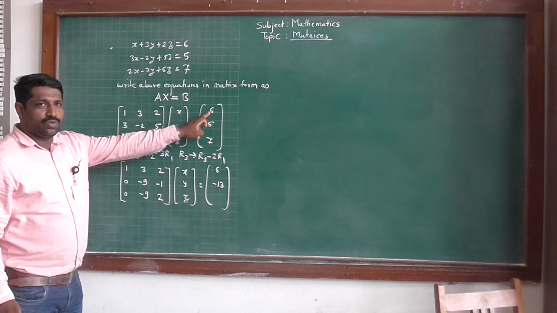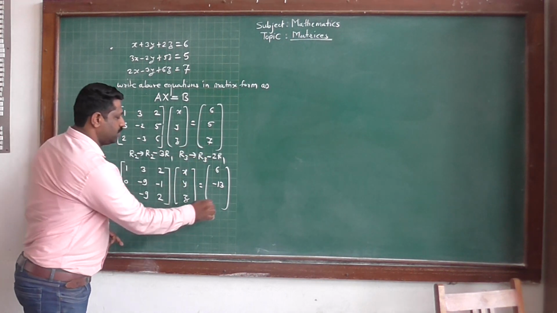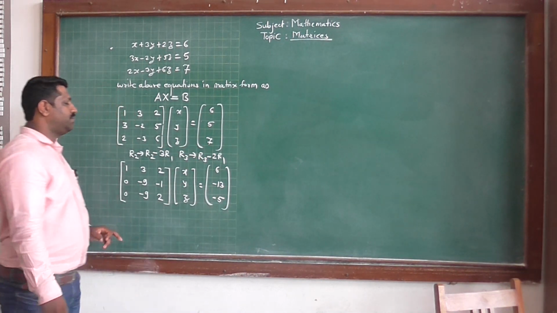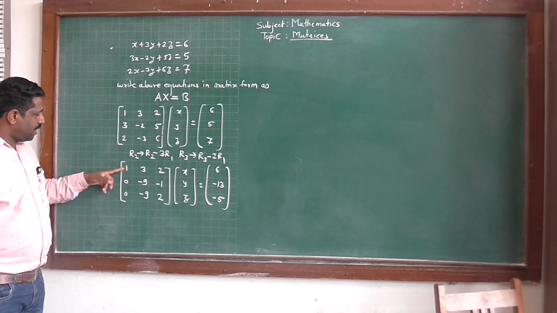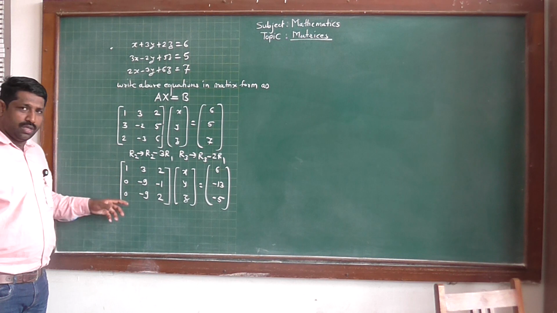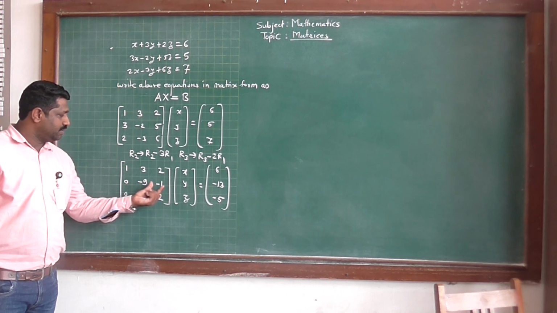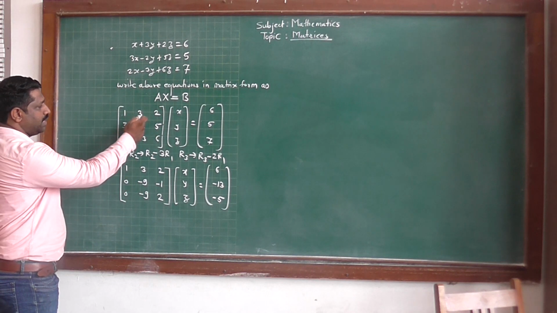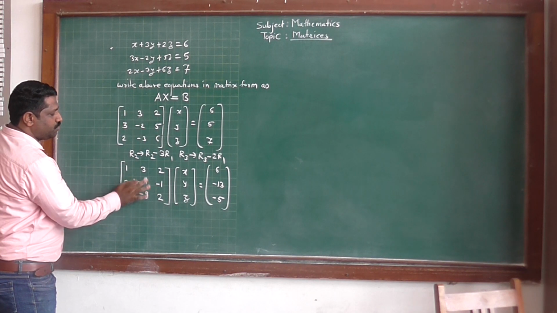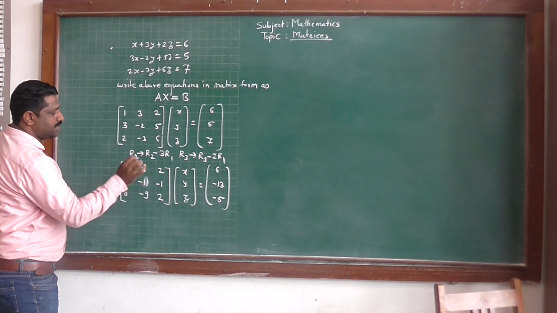Now 6 into 2 is 12, subtracted from 7, so that is minus 5. Now here we have 2 zeros. Now we convert this element: 3 into 3 is 9, subtracted from minus 2, that is minus 11.